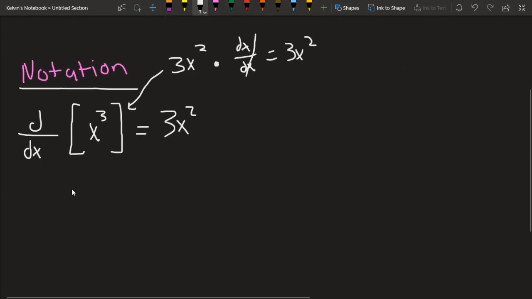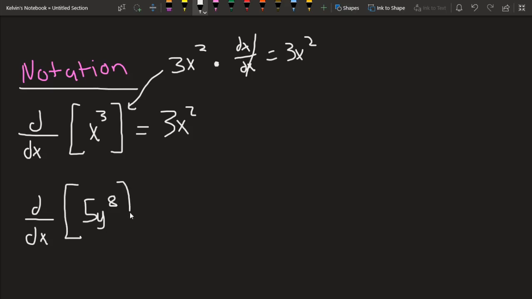But then let's say that we're asked to find the derivative with respect to x of, say, 5y to the 8th. So we come across a pretty intriguing problem here.